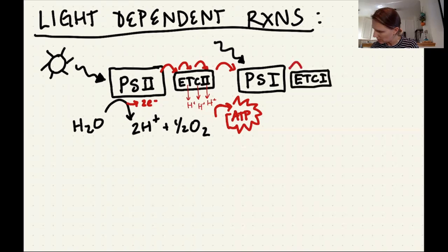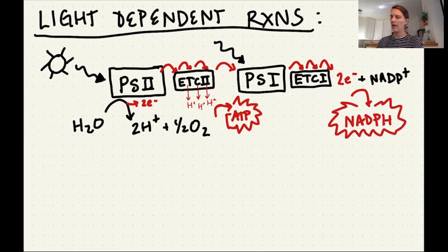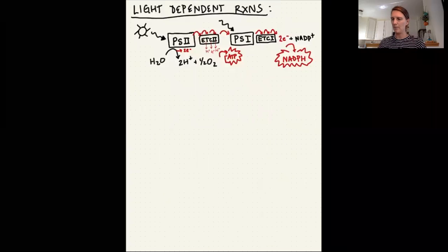So these electrons are now going to keep bouncing, and those two electrons are going to finally join up with our friend NADP+, and that is going to create NADPH, right? So the two main outputs are ATP and NADPH.